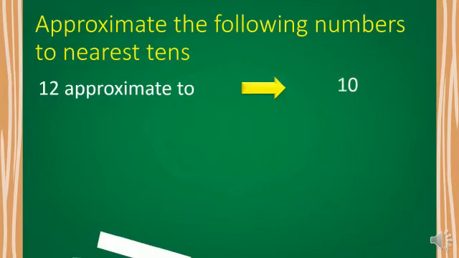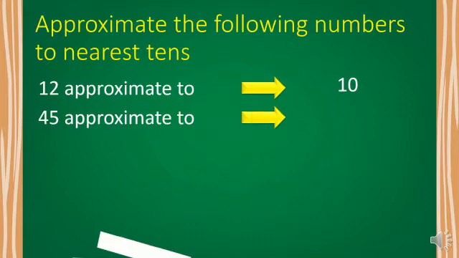So 12 approximates to 10. 45 approximates to or is nearest to... Look at ones. Is 5 rich or poor? Yeah, rich. Okay, 5 will give tens 1. So our 45 is nearest to, excellent, 50.